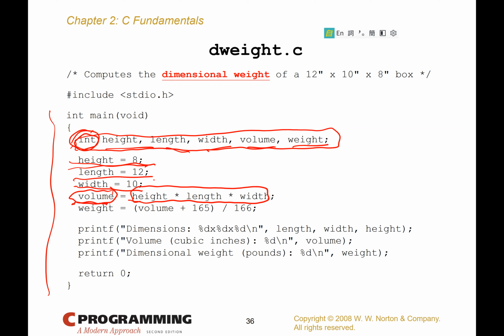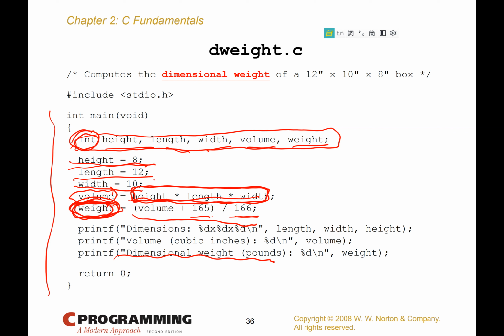Now the dimensional weight, the formula looks like this. It is the actual volume of the package, plus 165, and then divided by 166. I don't comprehend this formula, but this is the way it is, okay? Now, the dimensional weight is computed here.